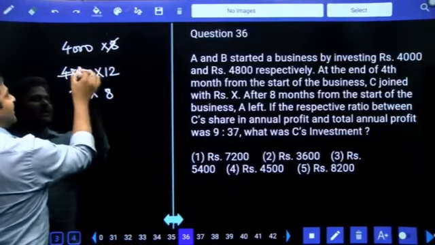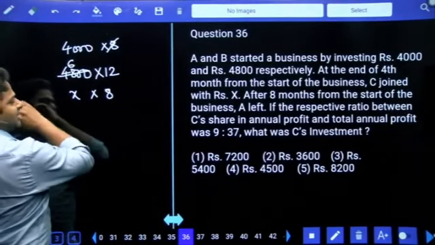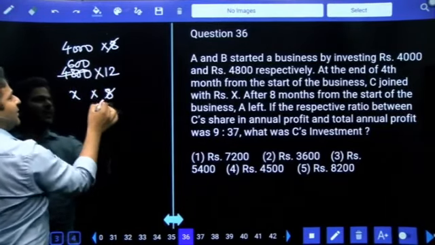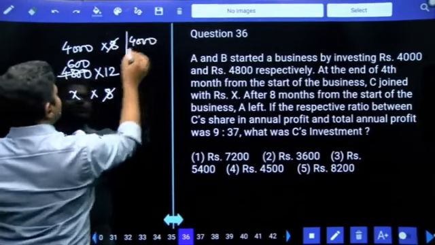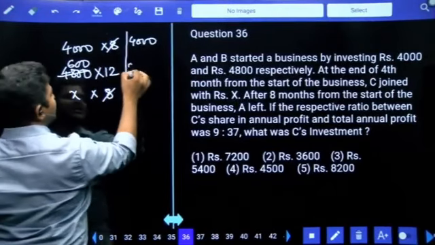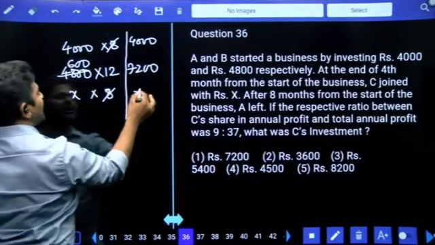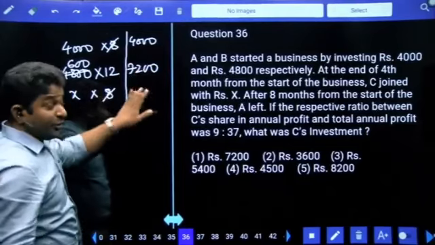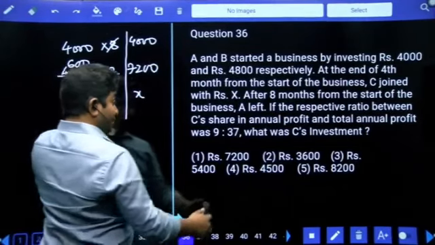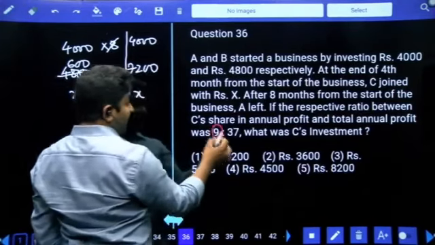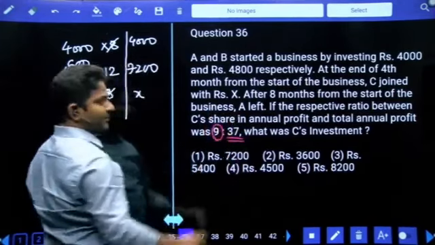A's investment is 4,000 times 8. B's is 4,800 times 12, that is 57,600. Now this value is equal to 4,000 times 8 plus 4,800 times 12, that is 7,200, and then X. This is going to be the profit sharing ratio. Now, here they said C is getting 9 parts out of total 37 parts.